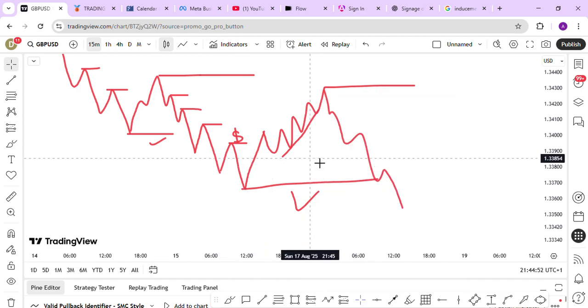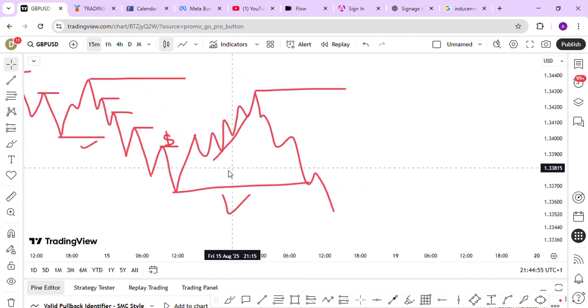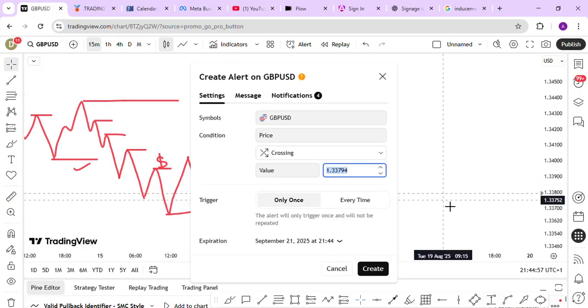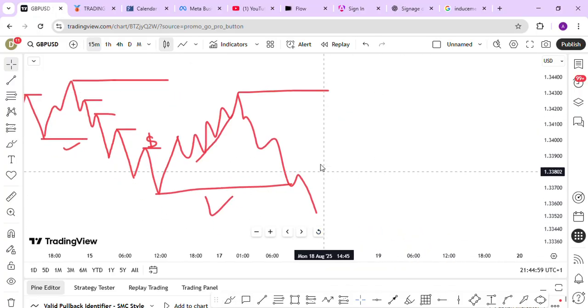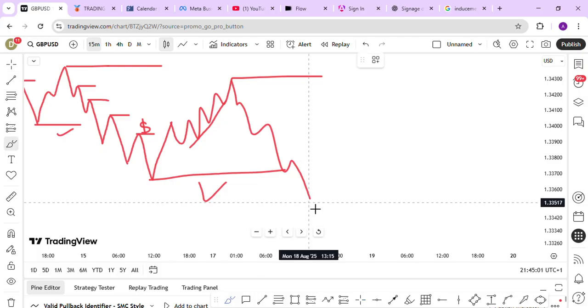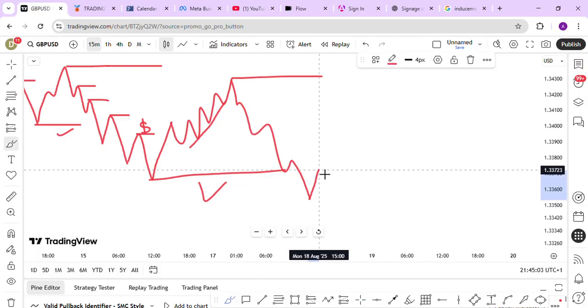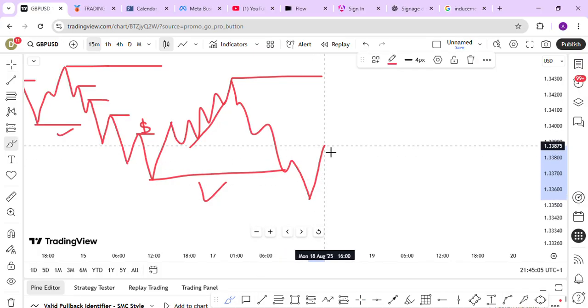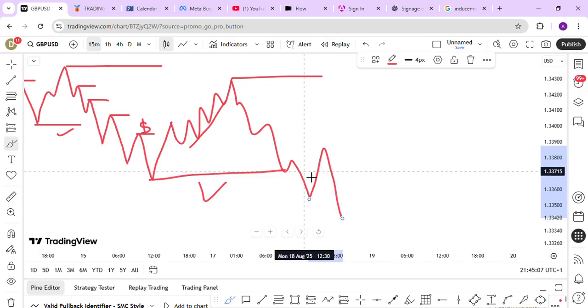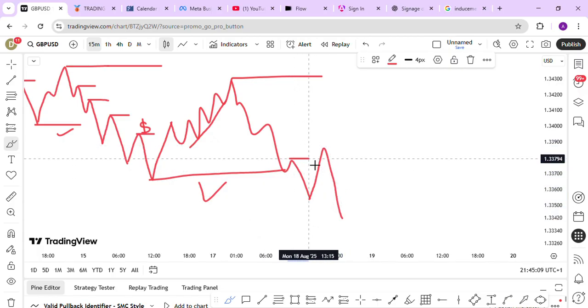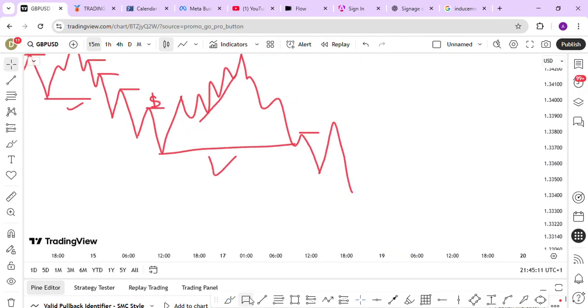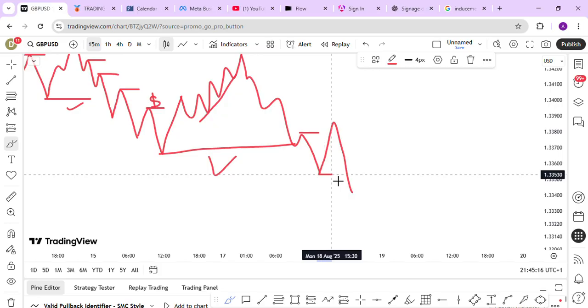So let's say something like this happened in the market. Let's say we had a situation whereby the market takes out this high and drops. These are our inducements, and this is supposed to be our break of structure.